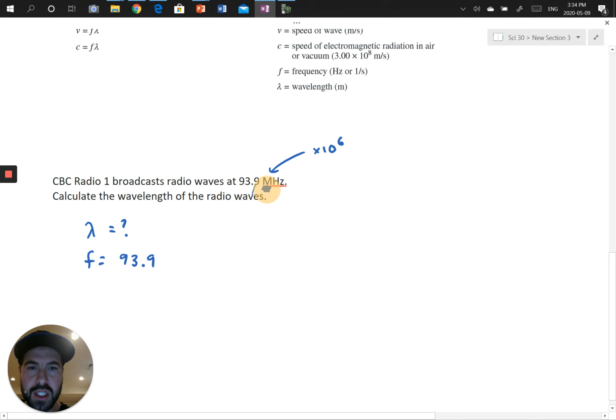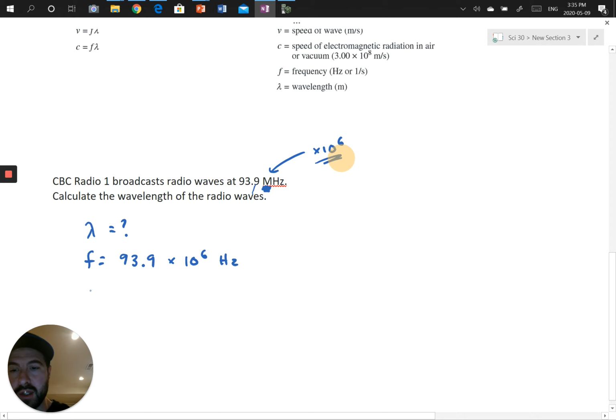I'm just going to take my number and say 93.9 times 10 to the 6 hertz. Again, that's on page 1 or 2 of your data booklet. I'm not going to mess around with the decimal. I'm just going to put times 10 to the whatever on the end. It's a little bit of a shortcut.